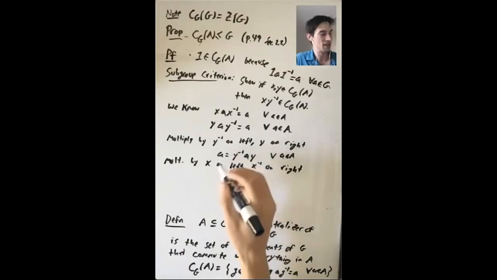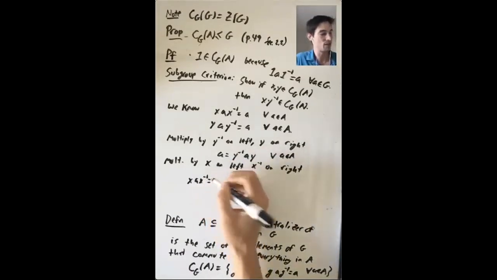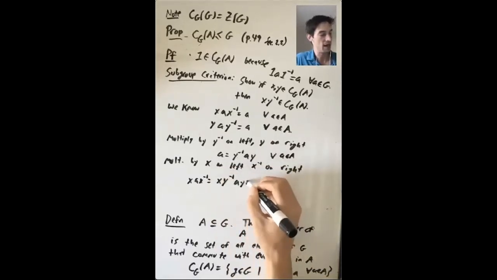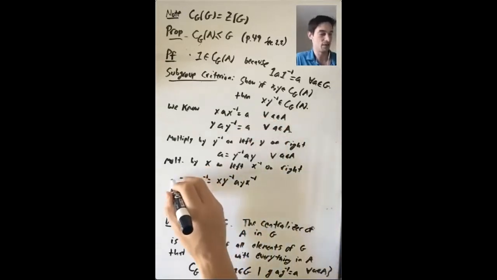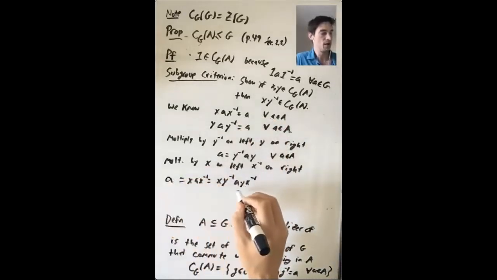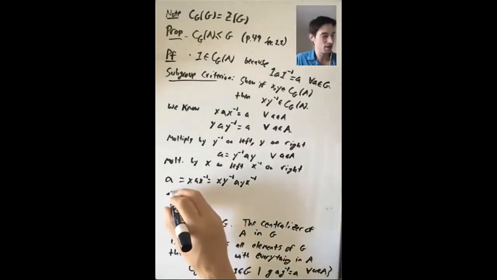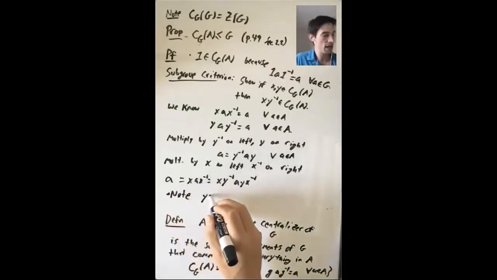So where does that leave us? We're at XAX inverse equals X Y inverse A Y X inverse, which equals A. So this almost looks like the kind of thing that you need to be in the centralizer. So we just need to note what is YX inverse?